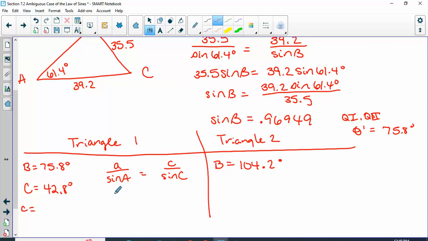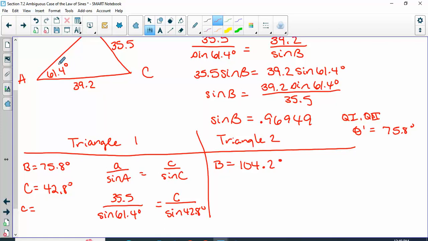So A, 35.5 divided by the sine of 61.4 degrees equals side C divided by the sine of 42.8 degrees. And then what would we do? We did 180 minus both angles that we had.